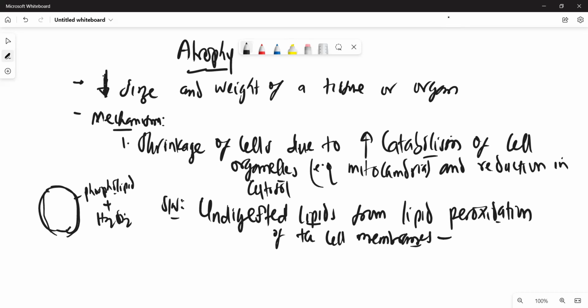And this product of lipid peroxidation is stored as what we call lipofuscin, or in some textbooks we call it residual bodies.